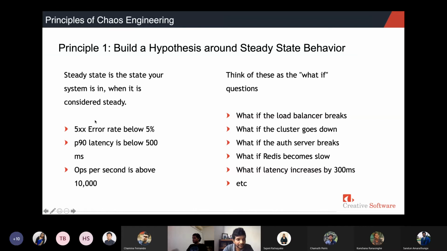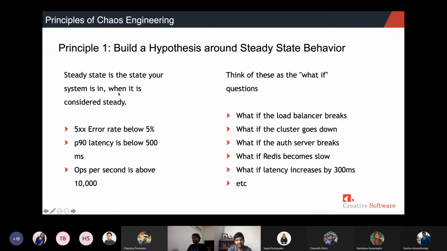These are some examples given on the left hand side. You can say that if your 5xx error rate is below 5%, it's a steady state. If your 90th percentile latency is below 500 milliseconds, these are just typical examples. You can even say your operations count is above 10,000. That means you have more than 10,000 users using your system per second. So this is a steady state.